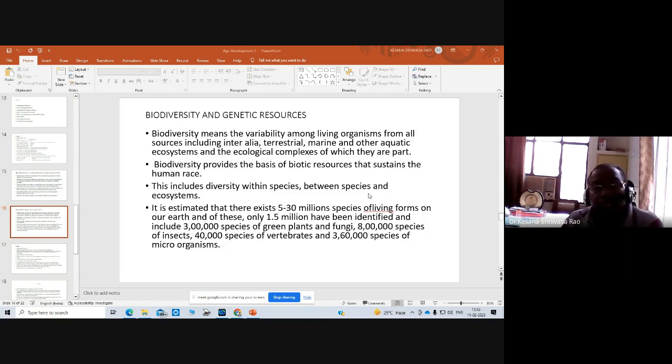It is estimated that there exist 15 to 30 million species of living forms on our earth, and of these only 1.5 million have been identified, including 3 lakh species of green plants and fungi, 8,000 species of insects, 40,000 species of vertebrates, and 360,000 species of microorganisms.